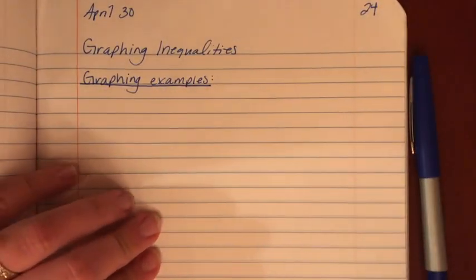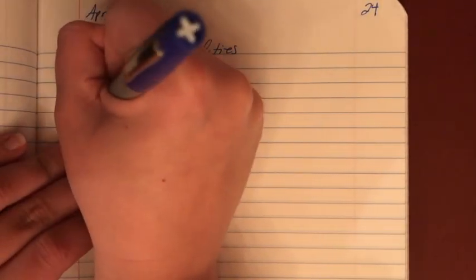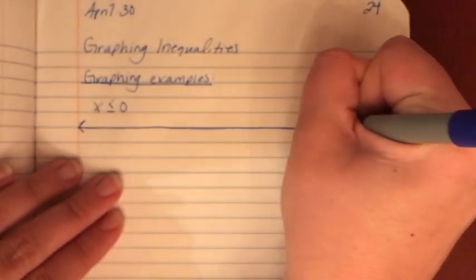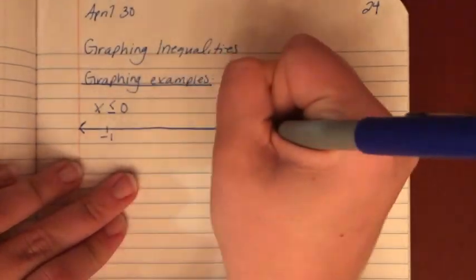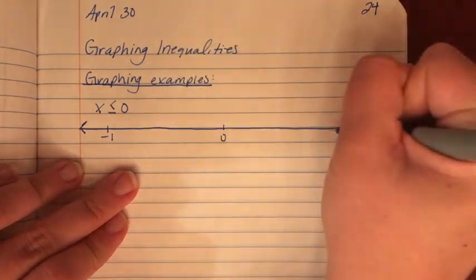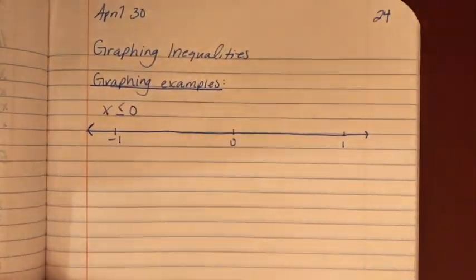Okay, so let's say for our first example that x is greater than or equal to 0. So if I draw my number line, and let's just do -1, 0, 1. We're going to keep this simple.